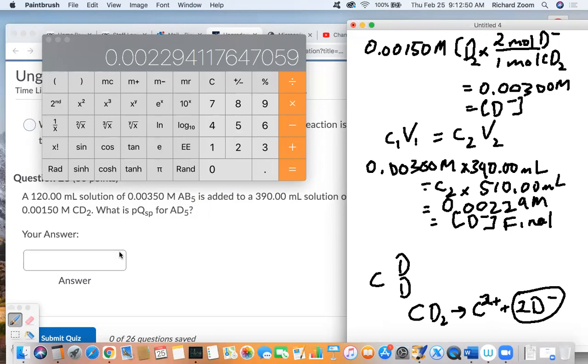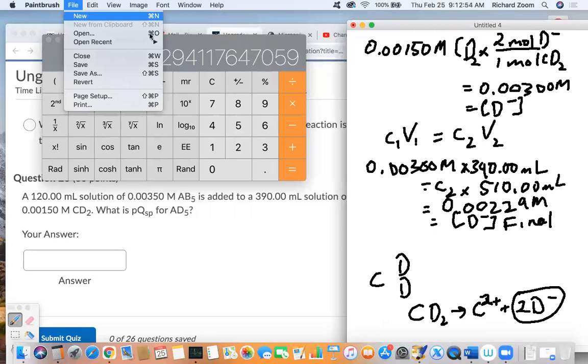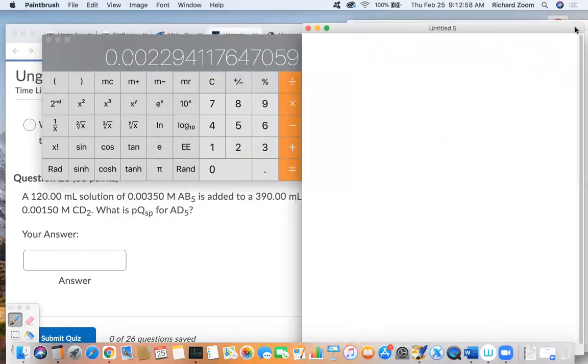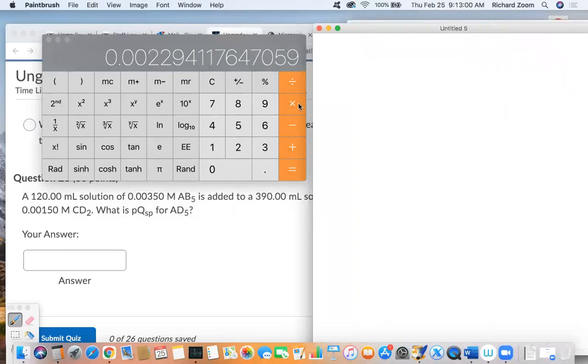Now we're looking for AD5, and that's according to the problem there. And AD5 is going to be A5 plus 5D minus. Notice that's different to CD2 that broke apart.